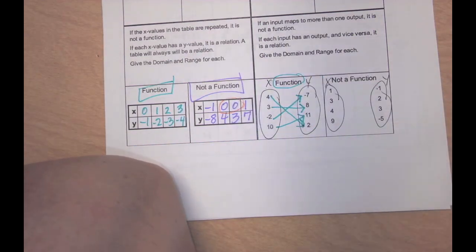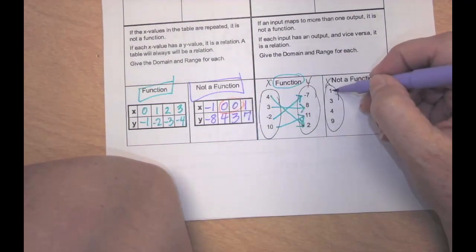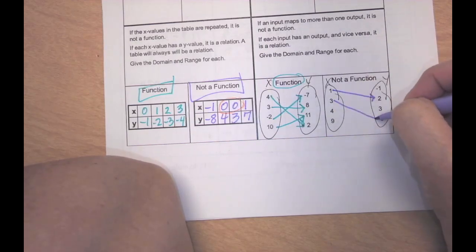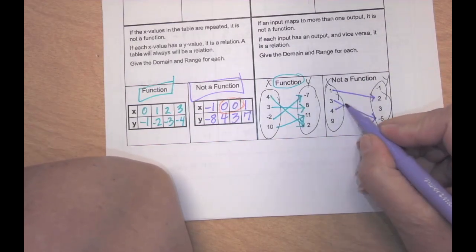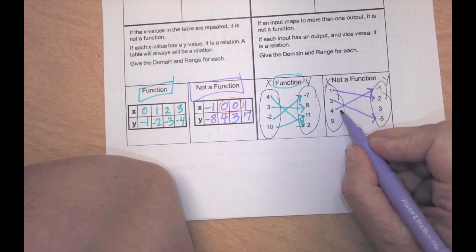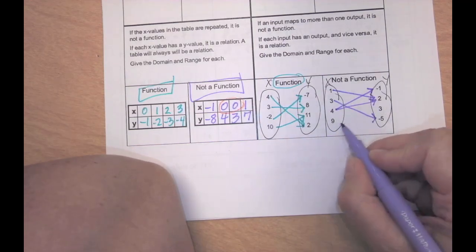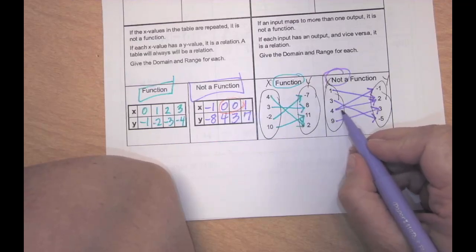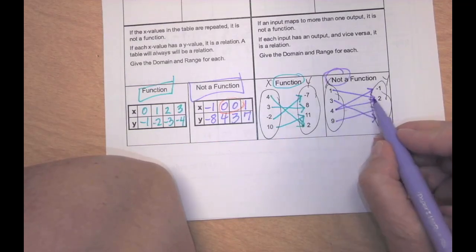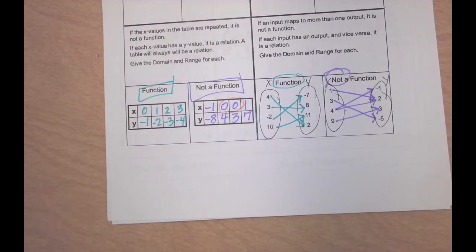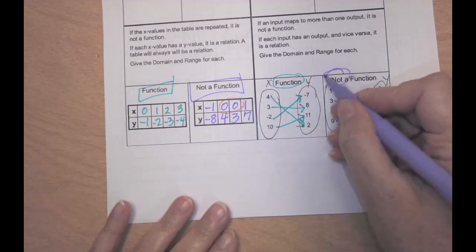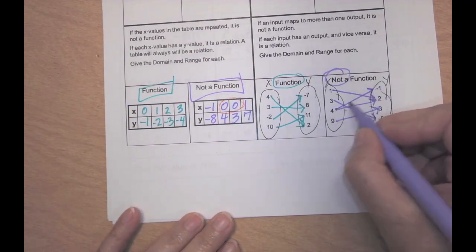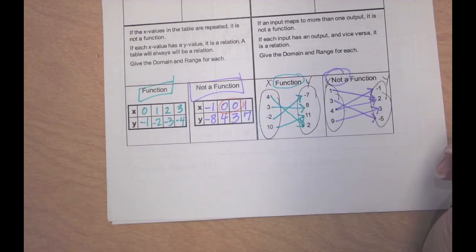But what if this Indian has his buffalo, this Indian has his buffalo, and this Indian shoots this buffalo and this buffalo? Well, that's not possible. He's not that talented. He can't shoot 2 different arrows at 2 different buffalo at the same time. So if one of the input values has 2 different outputs, it's not a function. All right.